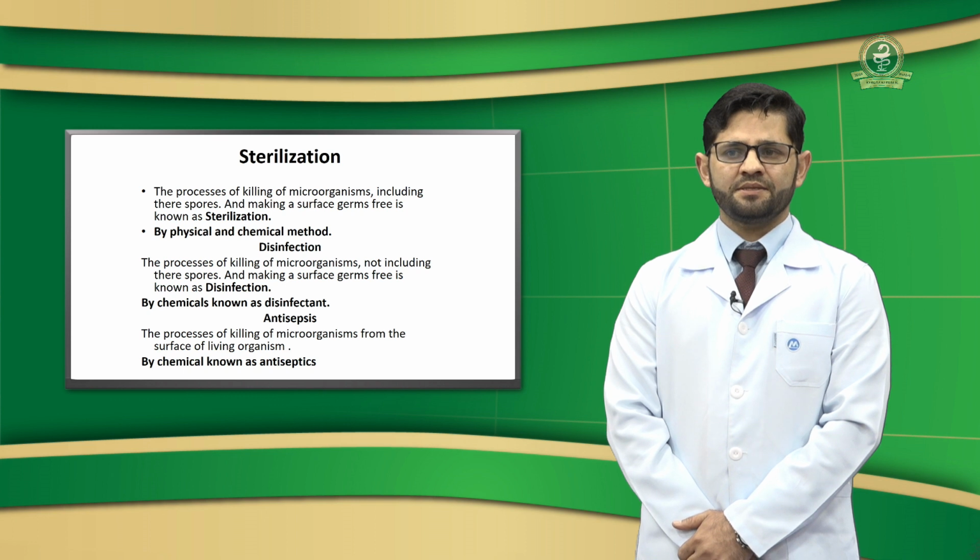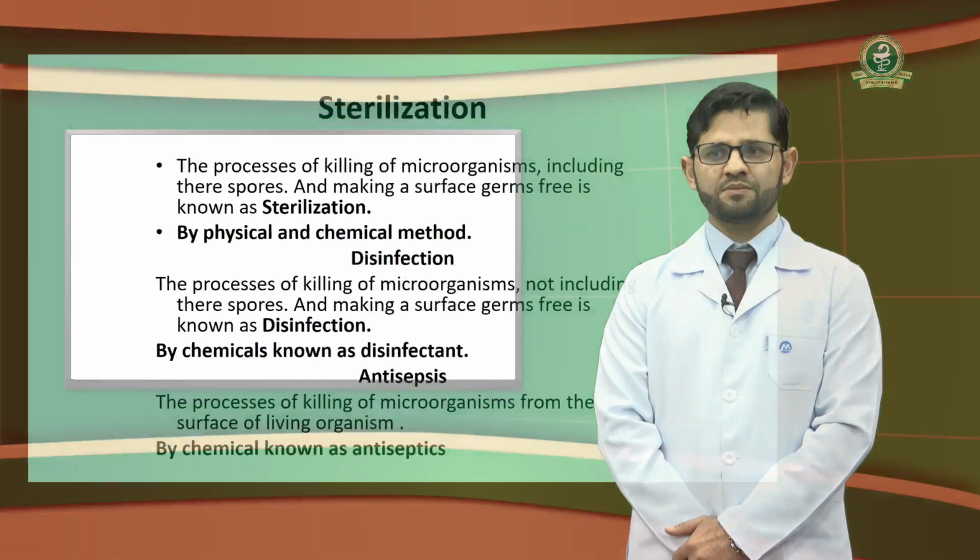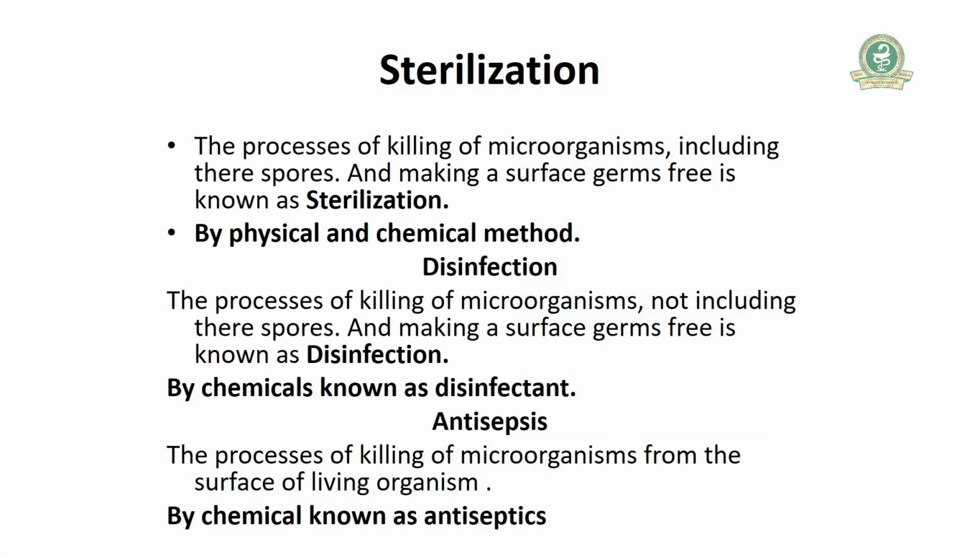Disinfection is the process of killing of microorganisms. In this method we can kill only the vegetative form of microorganisms, not the sporadic form, not including their spores, and making a surface germ-free is known as disinfection.